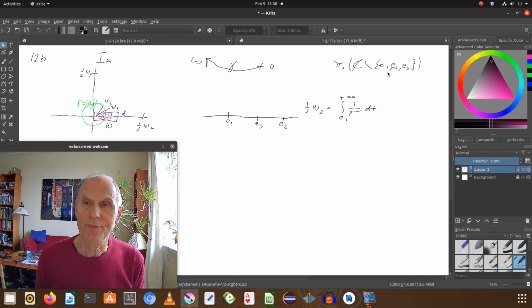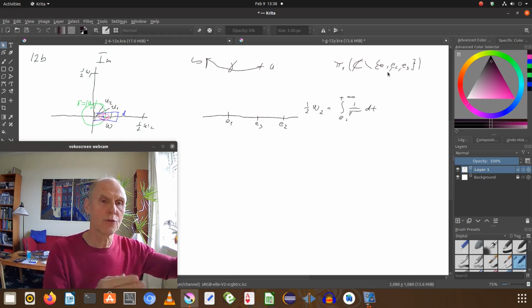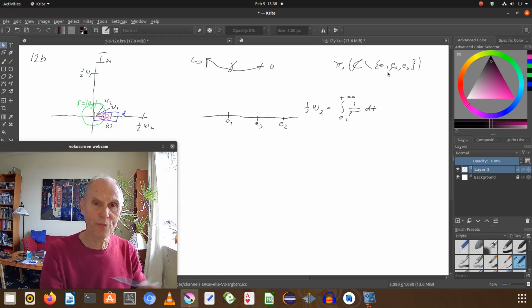And I think that the homotopy group is generated by rotation around three of the tubes going out.